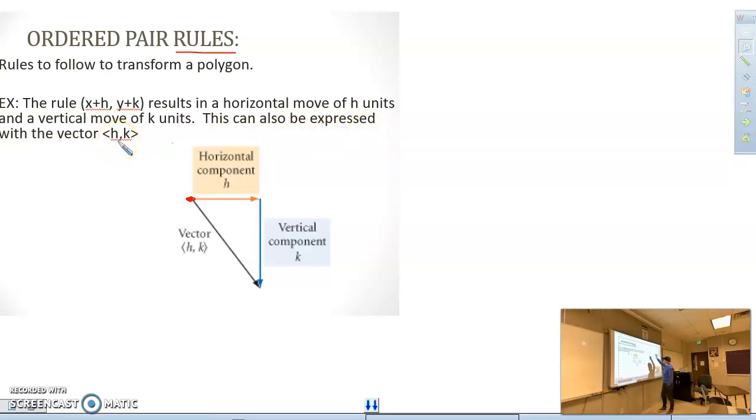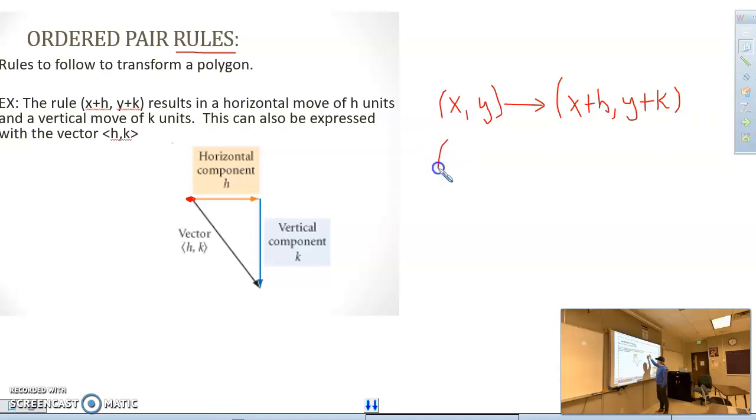Now a rule starts with a coordinate, and then the notation, you draw an arrow, and then you get the new coordinate. So it looks something like this. Okay, so you see you have your original point, and then that basically maps onto the new point.